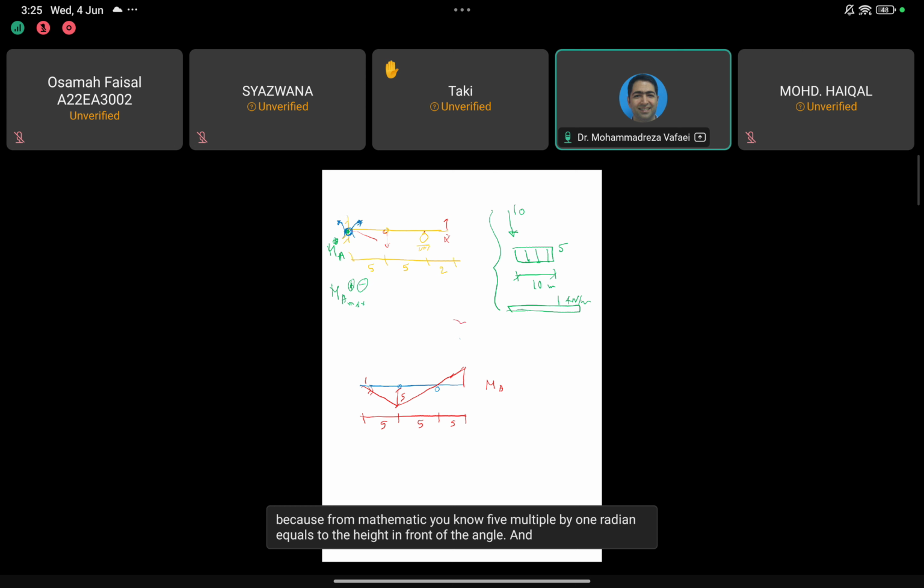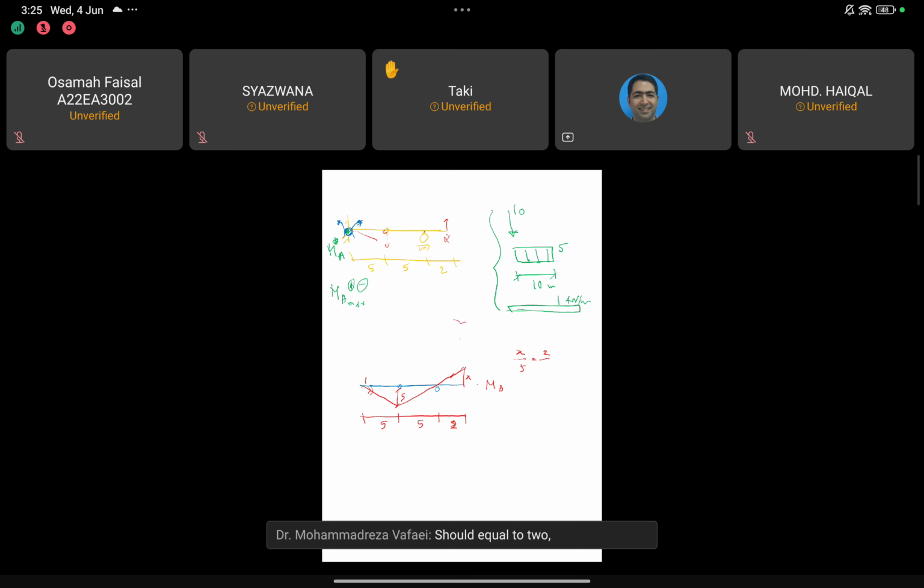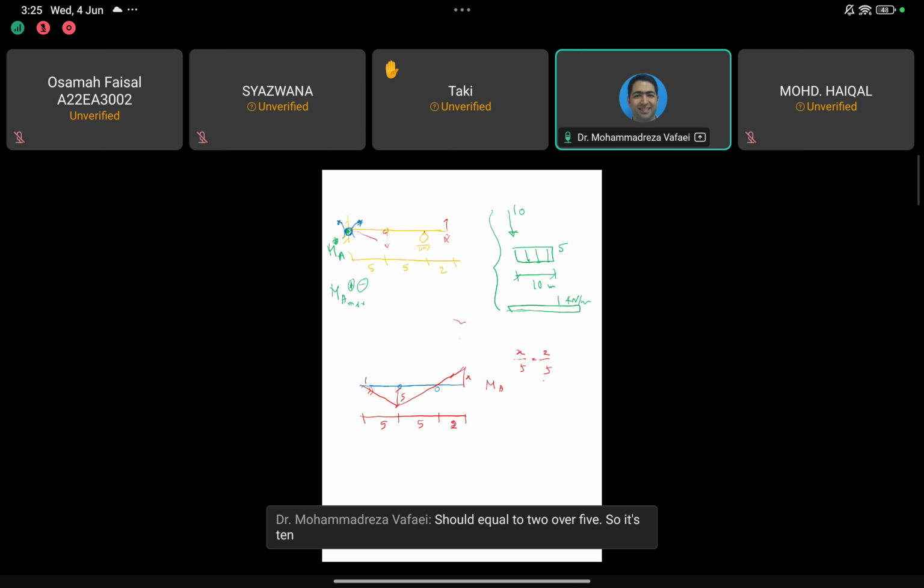And sorry, this one is 2 meters. So you can calculate this one: x over 5 should equal 2 over 5, so it's 10 divided by 5, which equals 2. So here we have negative 5. Here we have positive 2.